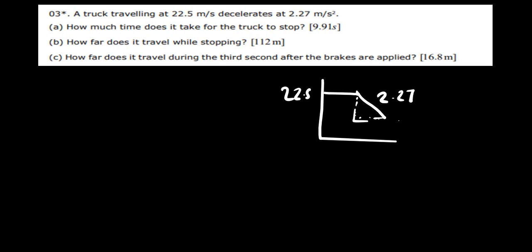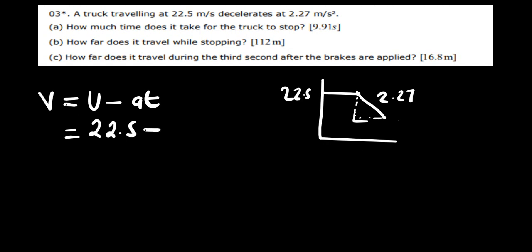Okay, so what are we going to do? We're going to say our velocity will be equal to what? U plus at. But now I'm able to see that this was decelerating, so minus at. Our u is 22.5 minus our acceleration.